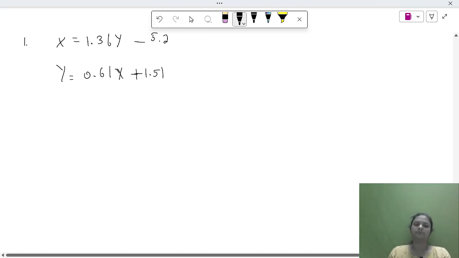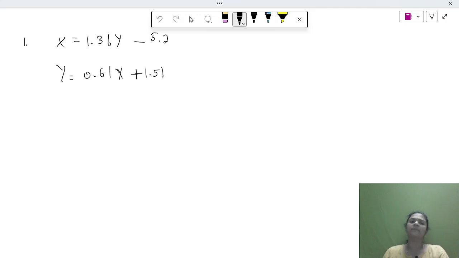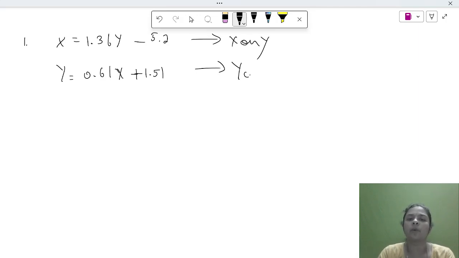Now friends, sometimes they directly give the equations like this, x is equal to, y is equal to. So we can say this one is x on y and this one is y on x, because whatever is on the left side becomes the dependent variable. But remember, this will not always be correct. We have to test, and if it is wrong then we have to change the hypothesis.